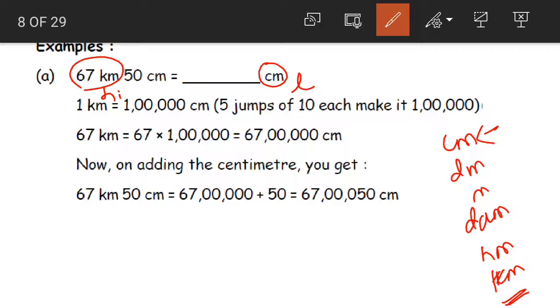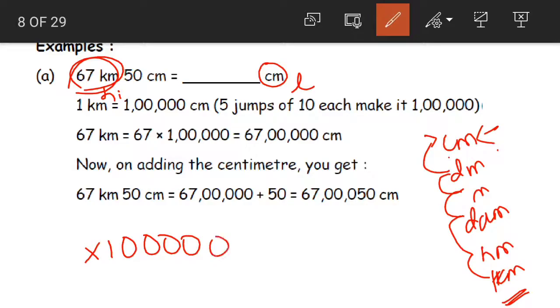So how many jumps do we need? 1, 2, 3, 4 and 5. We need 5 jumps to reach our centimeters. So we need to multiply our kilometers by 1 followed by 5 zeros, 1, 2, 3, 4, 5. That is 1 lakh. When we multiply our kilometers by 1 lakh, we will get our centimeters.